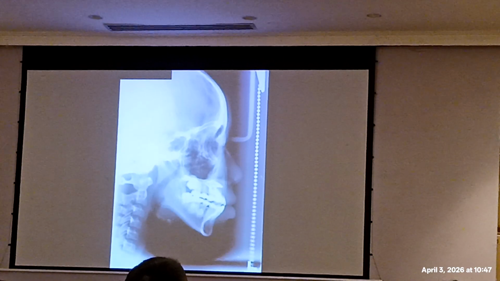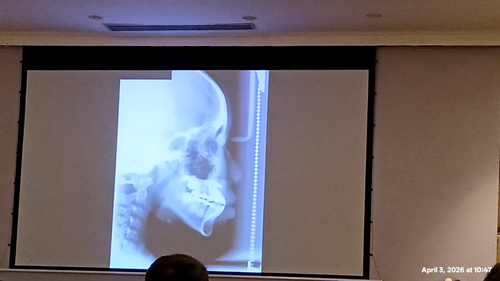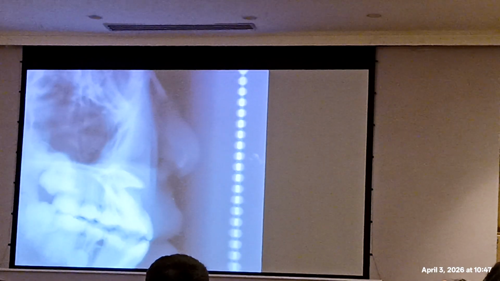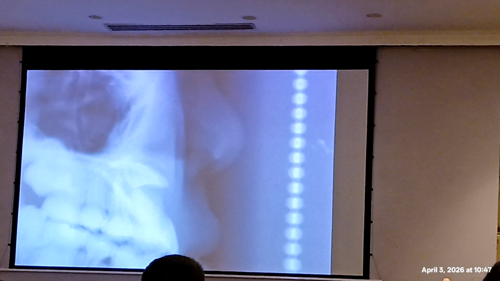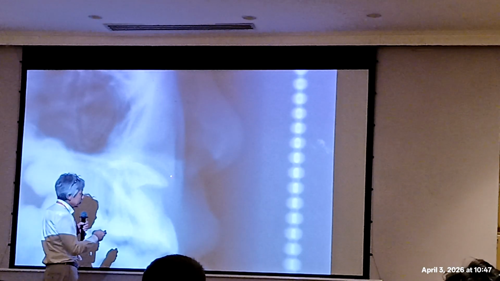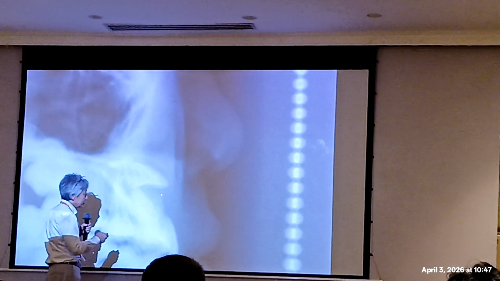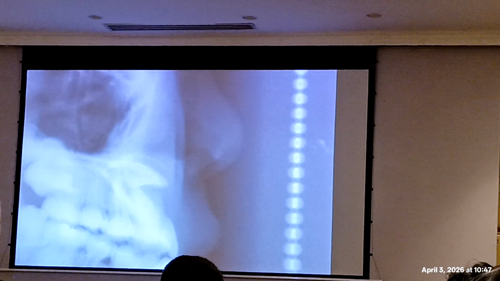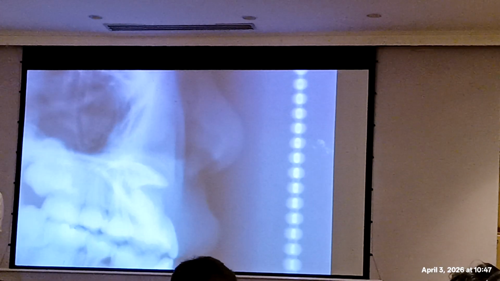If you take a closer look, here is the cortical plate, and I think it is not shown under the gingiva, but the incisor tip is poking out of the bone like this. I think the X-ray shows.